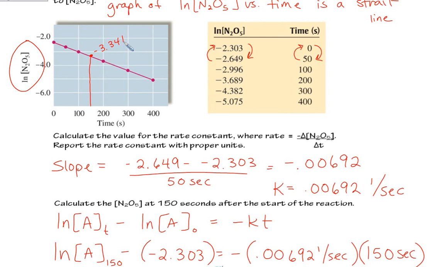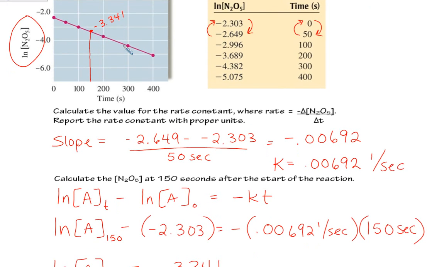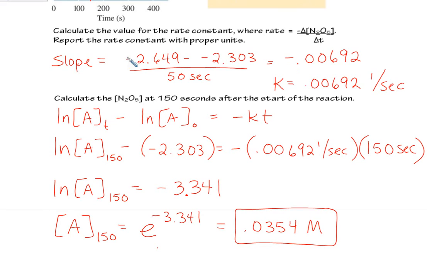But again, often they're going to ask you for the molarity, not the natural log. So then we can just solve it for the concentration of A. Just go e to the whatever you solved for. In this case, e to the negative 3.341. And now this is a more legitimate molarity. That's how you'd use this equation. It's used to solve for concentrations at particular times in a reactant.